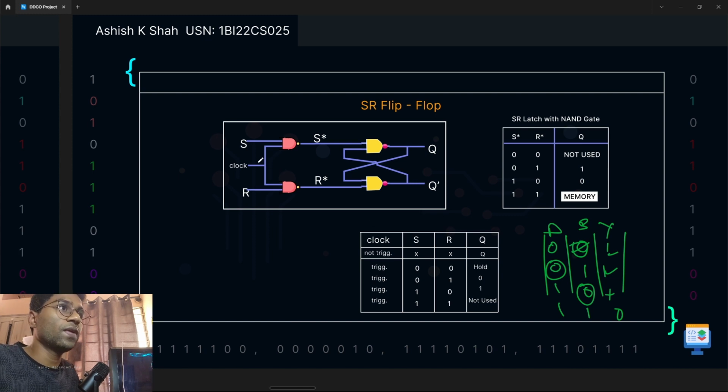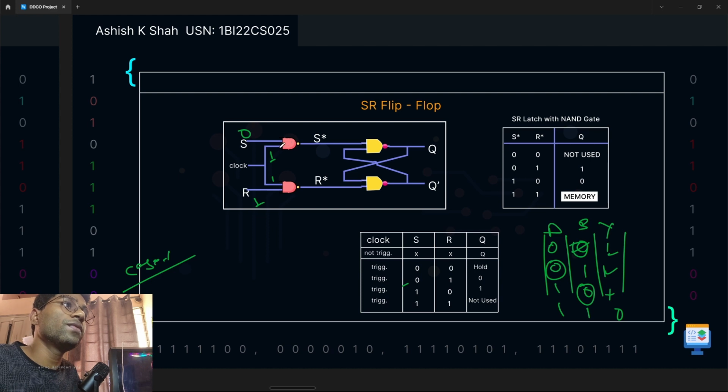So if we apply here case, let's suppose in case 1, we apply S equal to 0 and R equal to 1, and the clock will be triggered, meaning it is taking a 1 input.